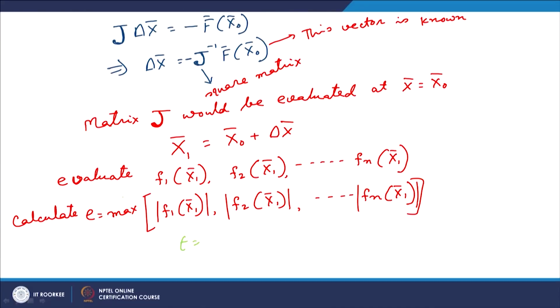So if we take our epsilon to be, as we have discussed, 1.0 into e to the power minus 12, that is, 10 to the power minus 12, and this value of E is less than this value, then f1 evaluated at x1 is different from 0 only after the 13th decimal point.